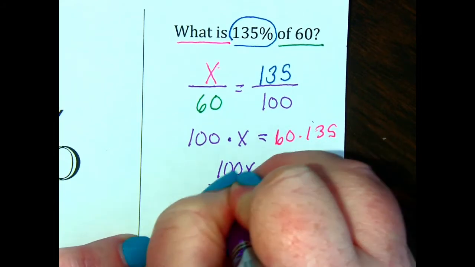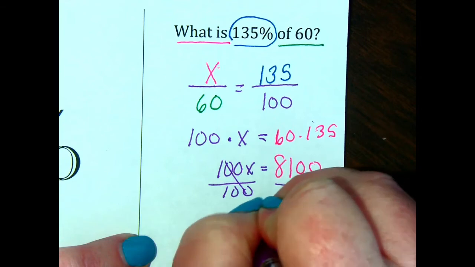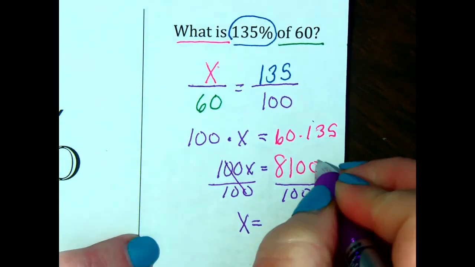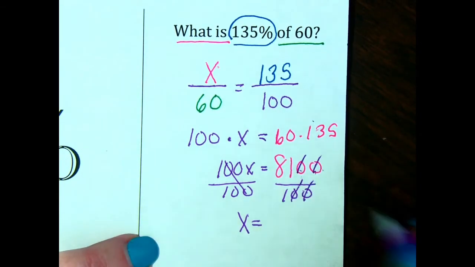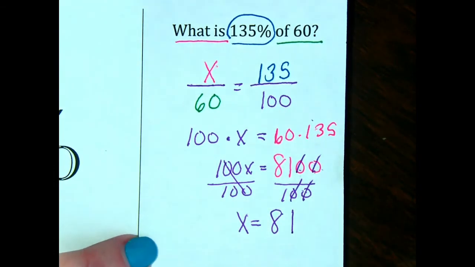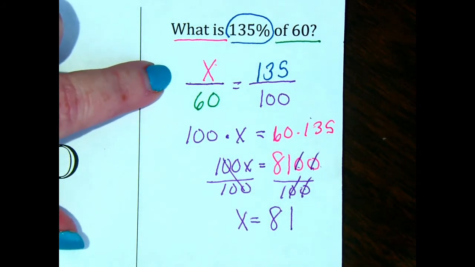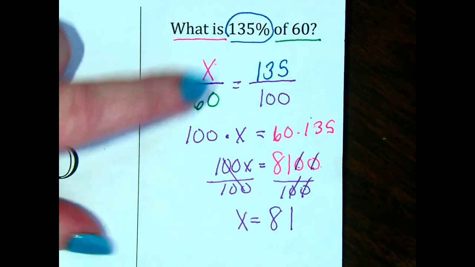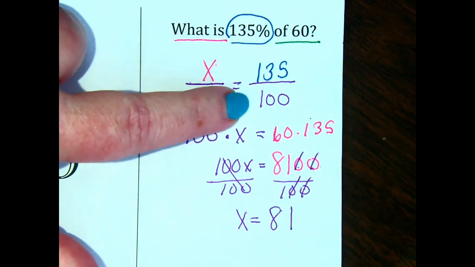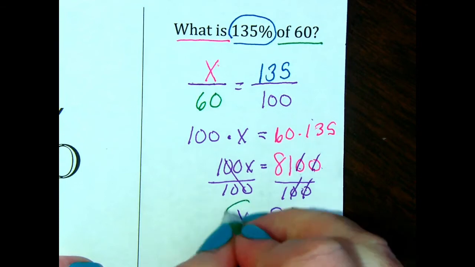And when I divide both sides by 100, you can use a calculator, but you should recognize that I can also cancel out zeros, and x is just 81. And it makes sense that 81 is bigger than 60 because 135 is bigger than 100. And then I'm going to circle my final answer.